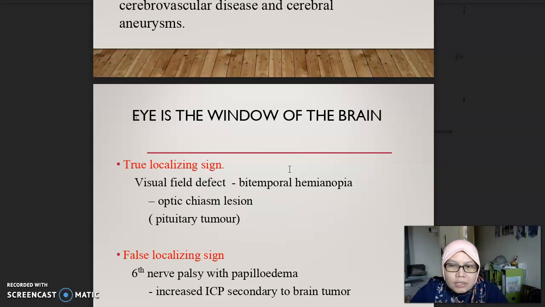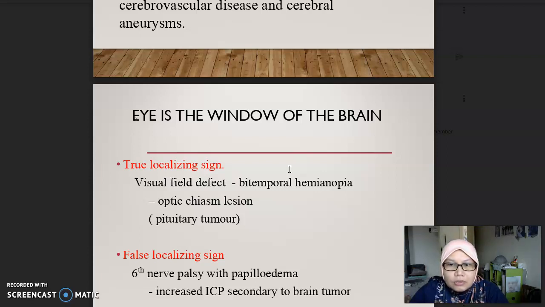However, in false localizing sign, the patient actually presents with double vision because of the sixth nerve palsy. And then when you look at the fundus, the optic disc is swollen. This is actually because of high ICP, secondary to probably brain tumor or hydrocephalus.